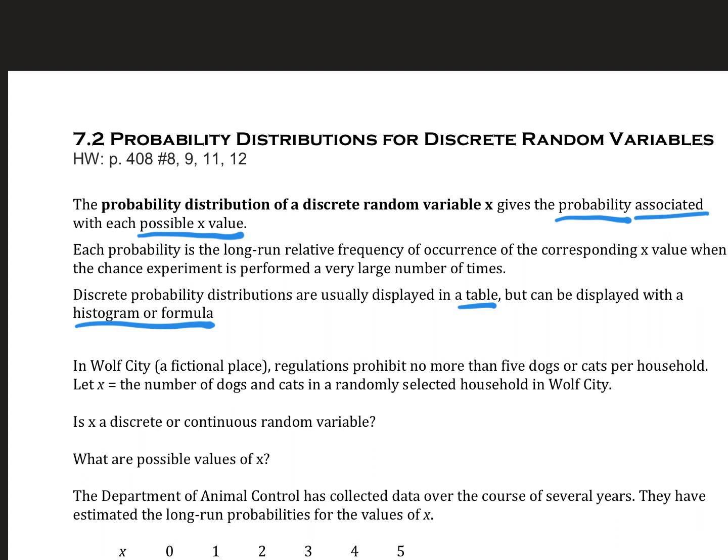We learned last chapter that one way probability is determined is just by looking at the recent history or many trials and seeing how often something occurs, and then using that data to estimate the probability.